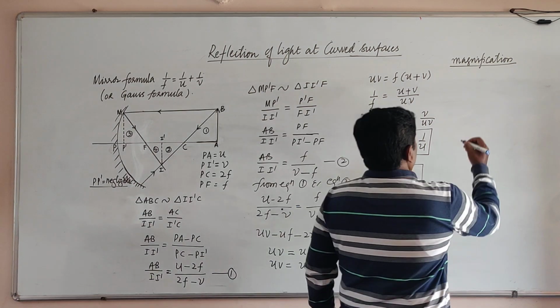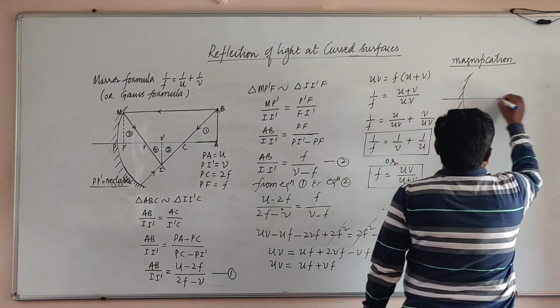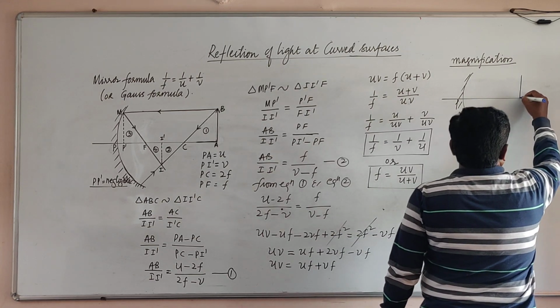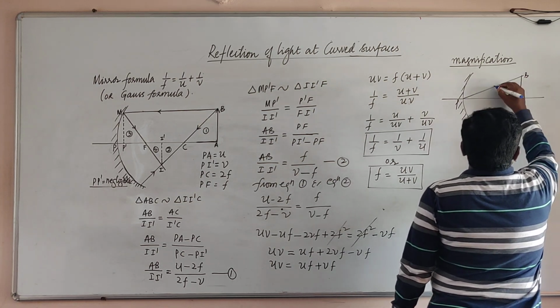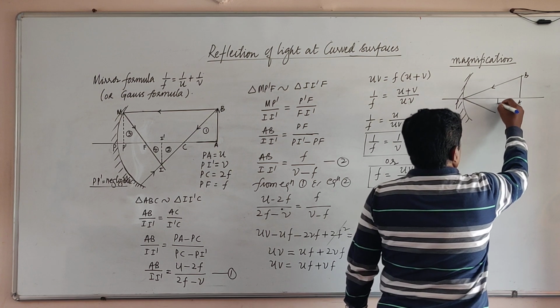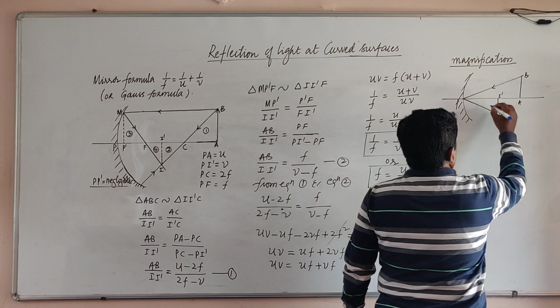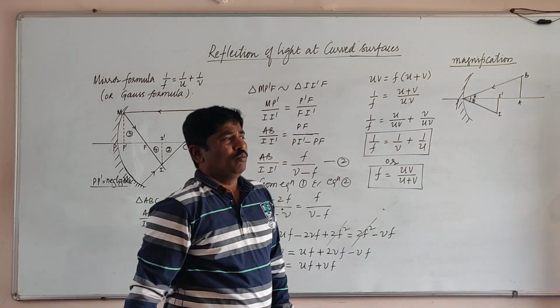So whenever the concave mirror is taken like this, this is the principal axis. When the object is taken like this, AB, if the light ray is incident at P, it will be reflected. So this is nothing but PI dash you can say. This is theta, it is also theta. Why?